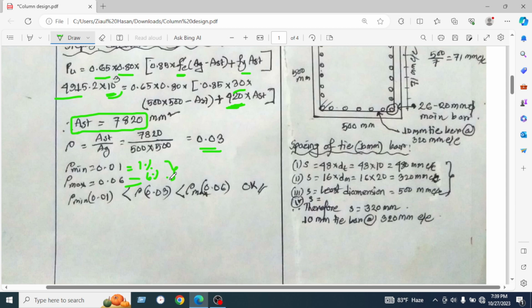This is taken from the code, such as ASCE 7 or ACI 318 or BNBC or other local codes. Okay, so we have found 0.03, which is greater than the minimum value and less than the maximum value, so we can say that the rho value is okay.